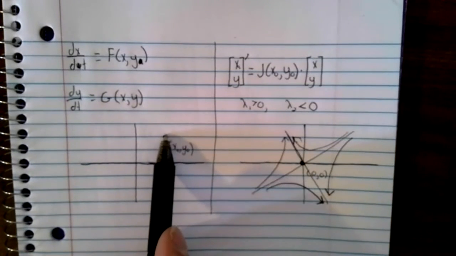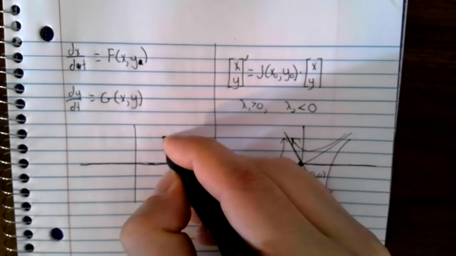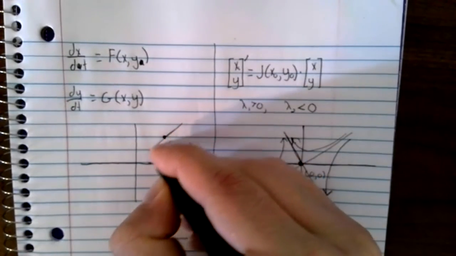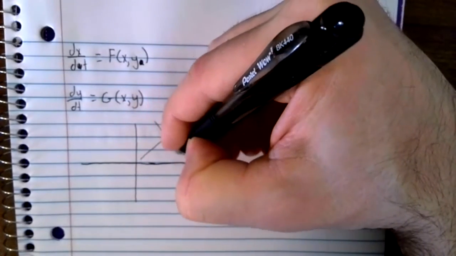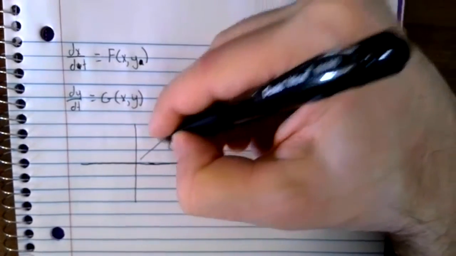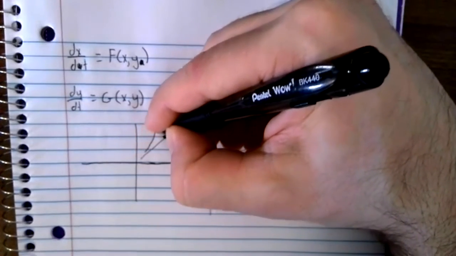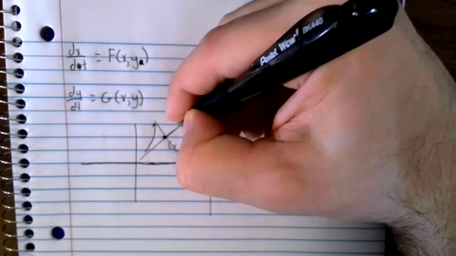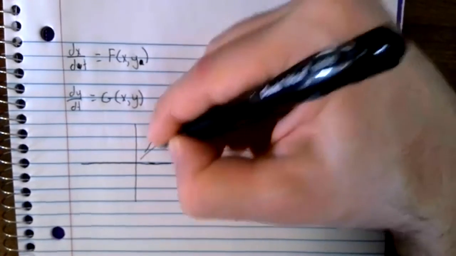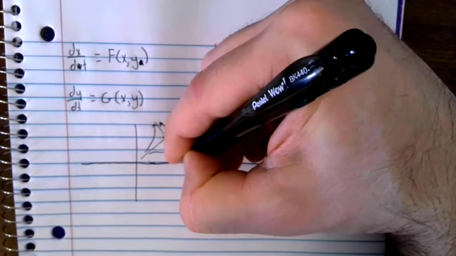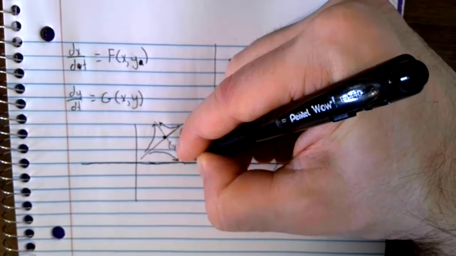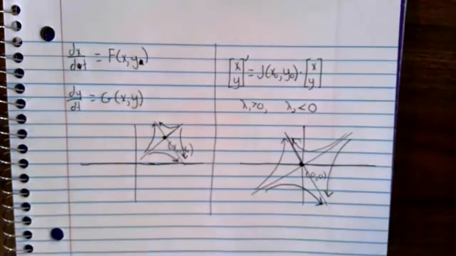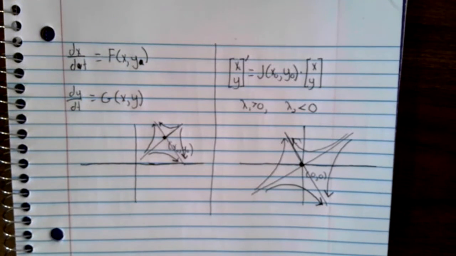This fixed point will locally share the same behavior as the origin. It's also a saddle.